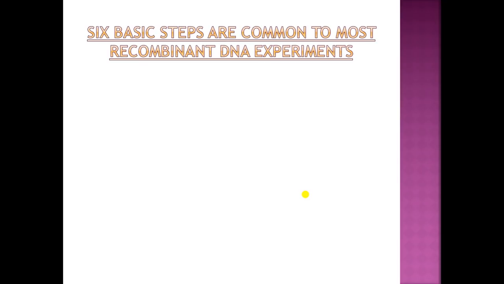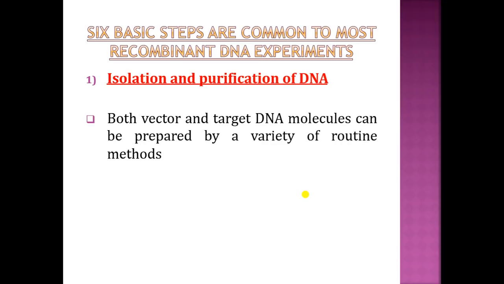There are 6 basic steps that are common to most recombinant DNA experiments or techniques. The first one is isolation and purification of DNA. For that, both the vector and the target DNA molecules are required to start this process.